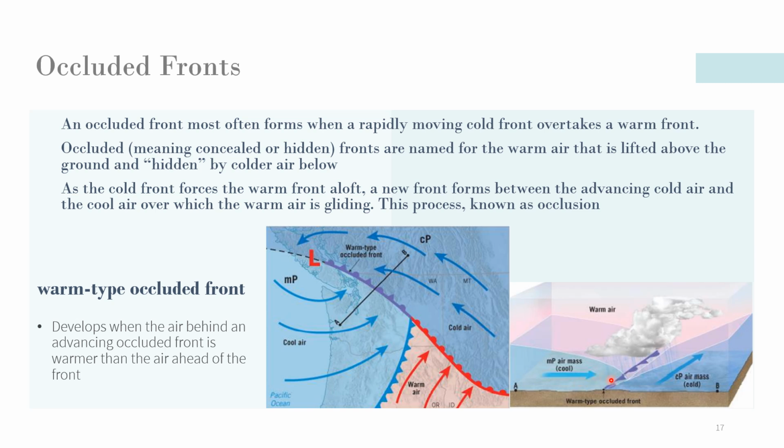So it glides, and then the continental polar air mass, the cold one, goes up. So this in between them is what happens, the warm type occluded front.